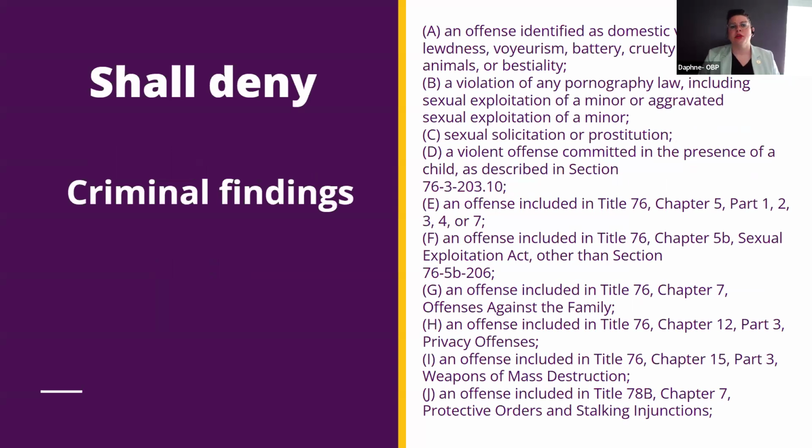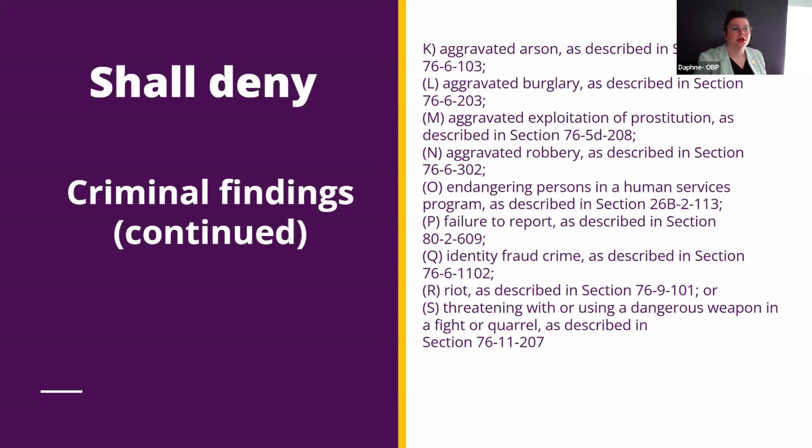These are offenses where there has been harm, whether physically, mentally, or financially, to someone else. Again, these findings are a conviction of a misdemeanor or felony within the last 3 years.